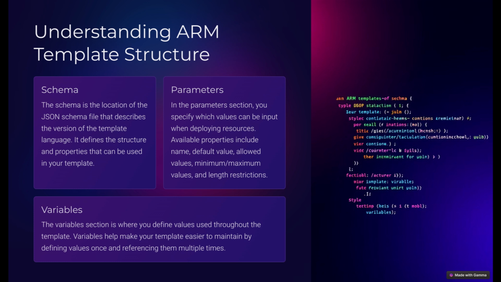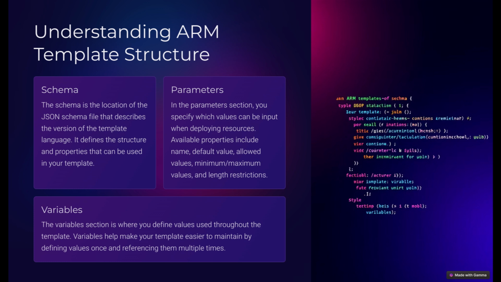Next, you have parameters. These are your input values that you're going to provide when you deploy your template. What's really cool here is how much control you have over defining those inputs. You can give each parameter a name, obviously, but you can also give it a default value that Azure will use if you don't provide one. Yeah, that's handy. You can define a list of allowed values.